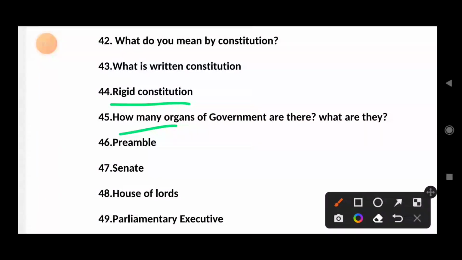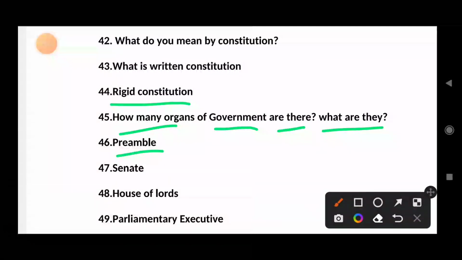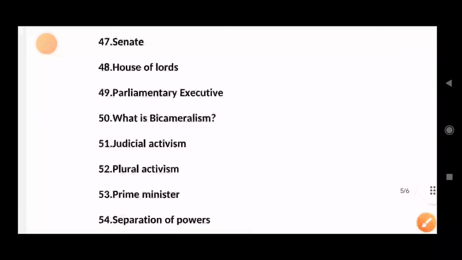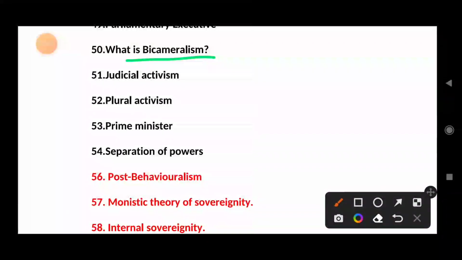How many organs of government are there? What are they? Preamble, very important one. Senate, House of Lords, parliamentary executive. What is bicameralism? Judicial activism, plural activism, prime minister, separation of powers.